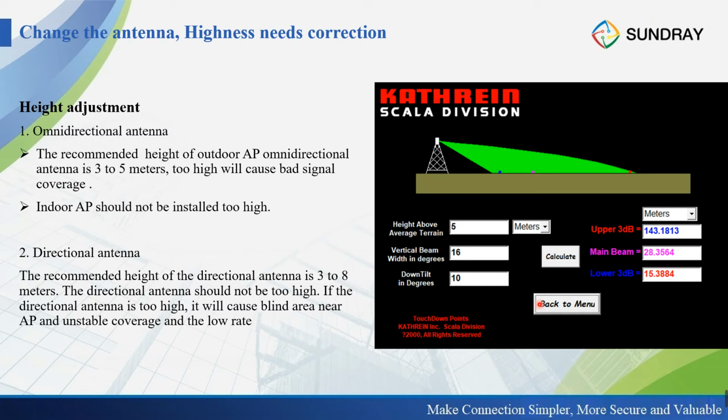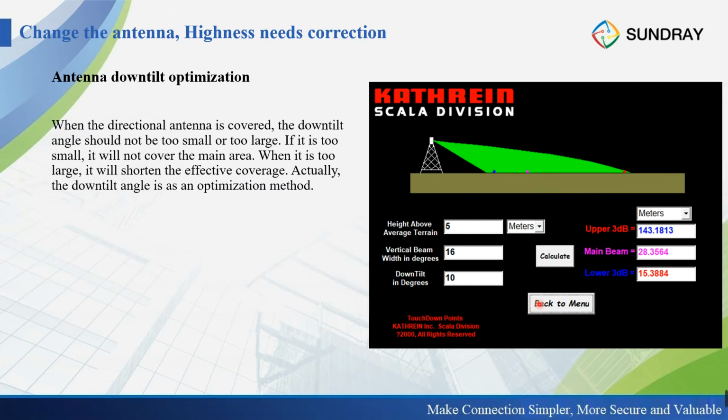And also for lots of outdoor projects, we need to adjust the height of the APs, because if we put the AP too high or too low, it's not suitable for the coverage. So when we adjust the APs, we need to care about the downtilt here.